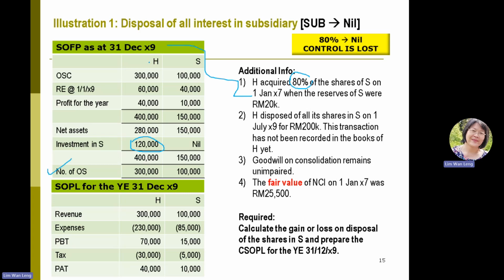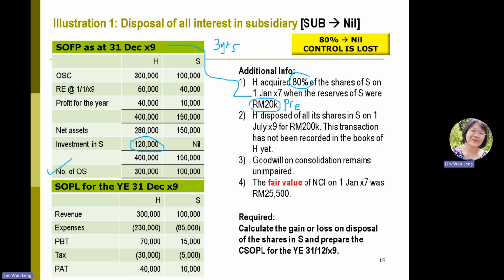No matter what, you must always go and take note first. So this is 3 years. Sometimes you don't make use of the info, but it's good for you to make it a habit. Okay? When the reserves of S were 20,000. In other words, they were telling you that the pre-acquisition reserves are 20,000.